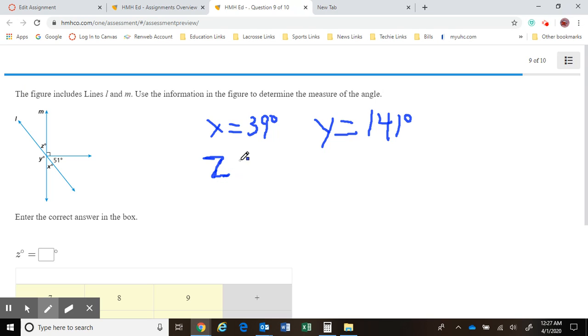So you probably know at this point what z's measurement is. And also y and z are supplementary, so I could subtract it from 180. 180 minus 141 is 39, or angle x and angle z are vertical angles, so that's 39 degrees as well. All right.